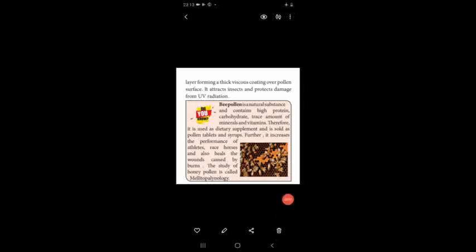Dear students, see the Do You Know paragraph. What is bee pollen? Bee pollen is a natural substance. It contains high protein, carbohydrate, and trace amounts of minerals and vitamins.